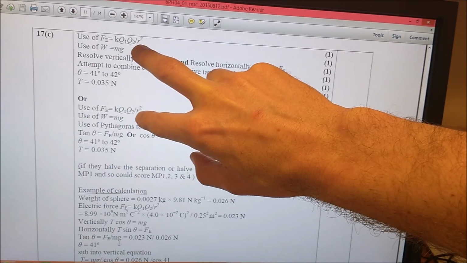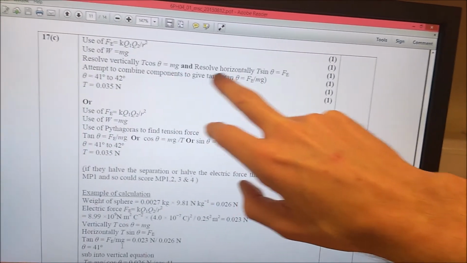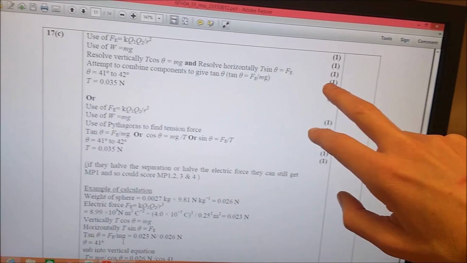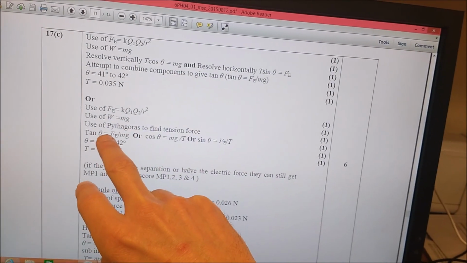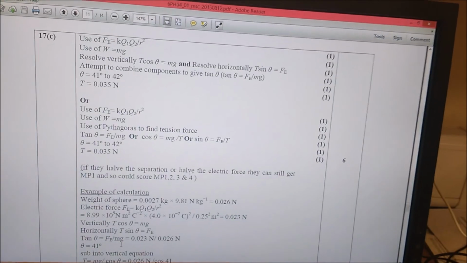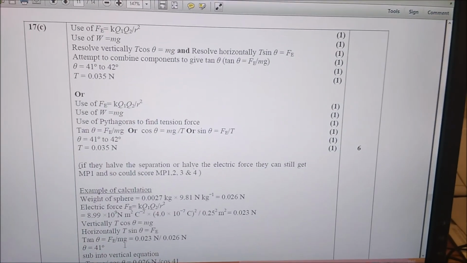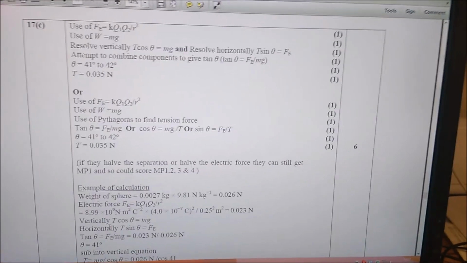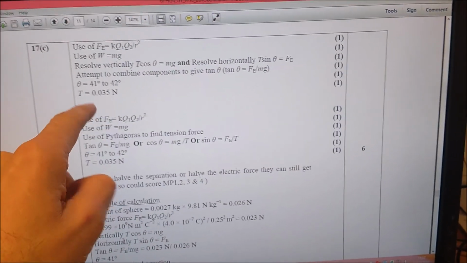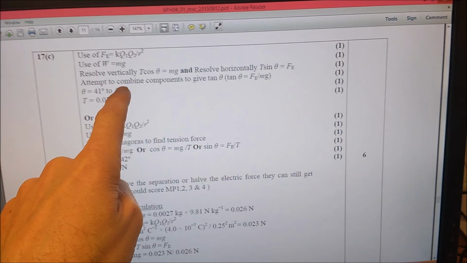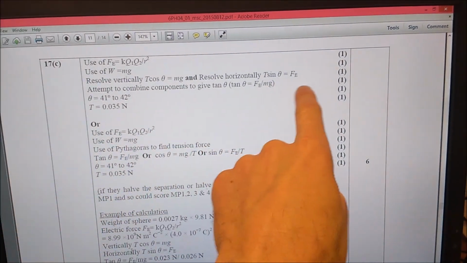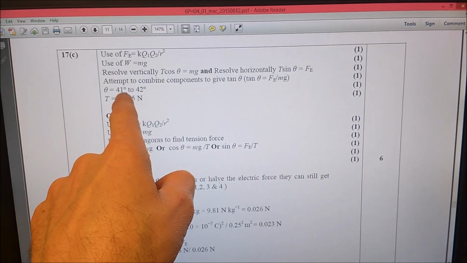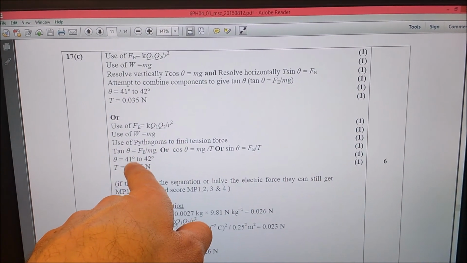Calculating the weight gets you a mark, and then you either resolve vertically and horizontally, you need to do both to get one mark, or you follow the approach where you do the closed forces triangle, which is the second method. If you attempt to combine the components to give you tan theta, that's going to get you a mark, and then it's a mark for both of the correct answers for theta and T.